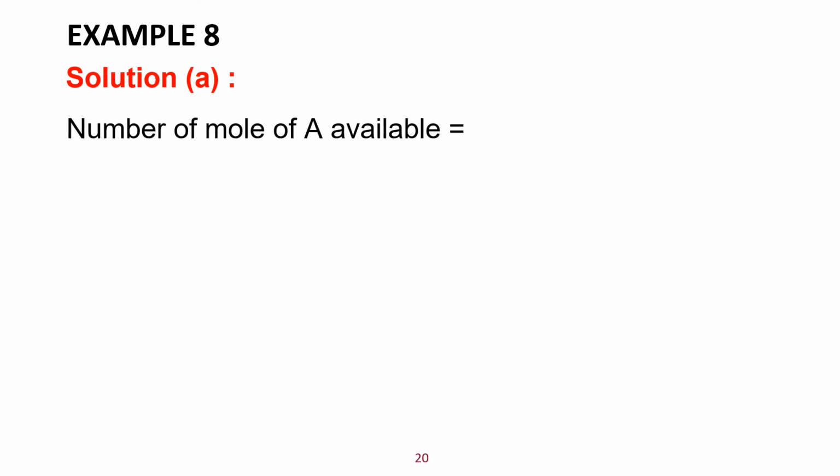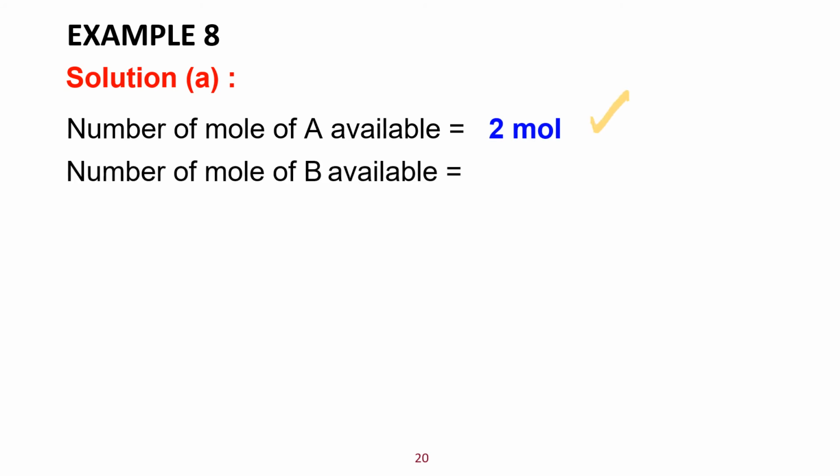Let's start with question A. The number of moles of A available equals 2 moles, and the number of moles of B available equals 9 moles.